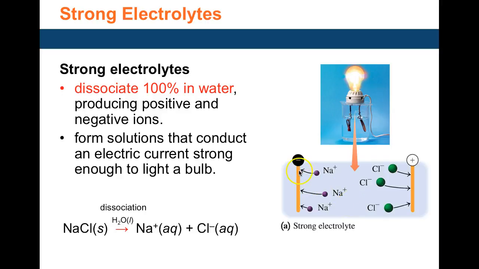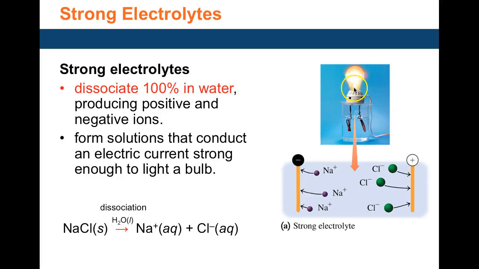Now, if you have electrodes inserted into the sodium chloride solution, like you see here in the picture, with a negative electrode and a positive electrode, you will see that the chloride ions will migrate towards the positive electrode. The sodium ions will migrate towards the negative electrode.